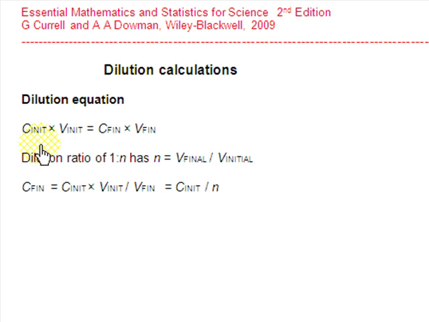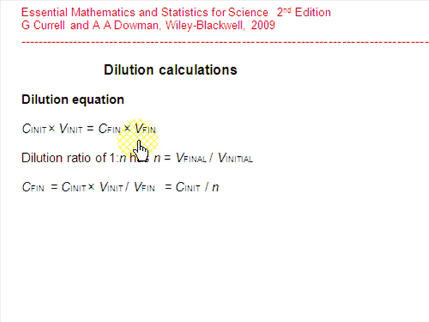When performing a dilution, we start with an initial solution, often called the stock solution, which has a concentration C initial. And then we take a volume of this initial stock solution, V initial, and then we add solvent to increase that initial volume to a final volume, V final.